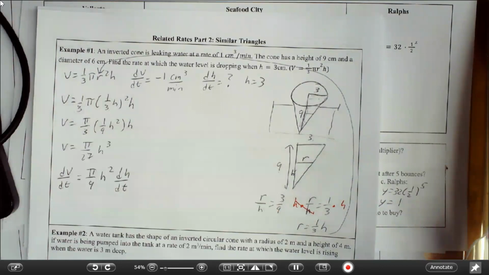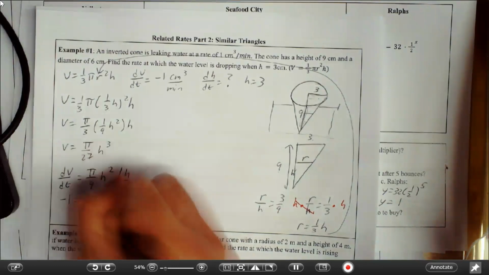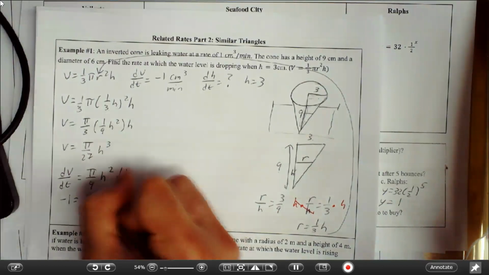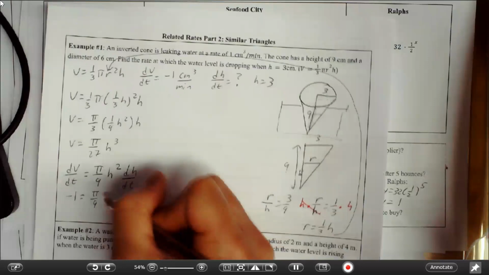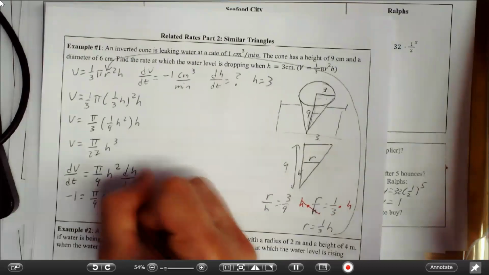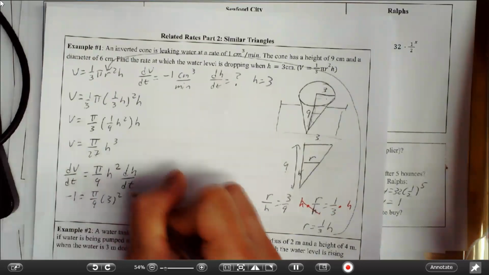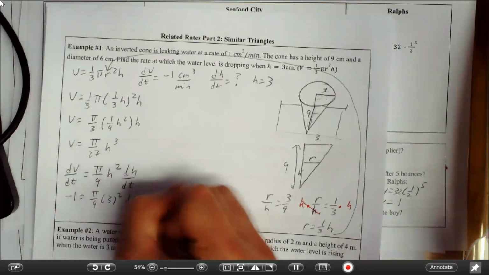And then now we can just go ahead and plug in our numbers here that I know. Our dV dt is -1. This is pi over 9. Our H is 3. And this is dH dt.